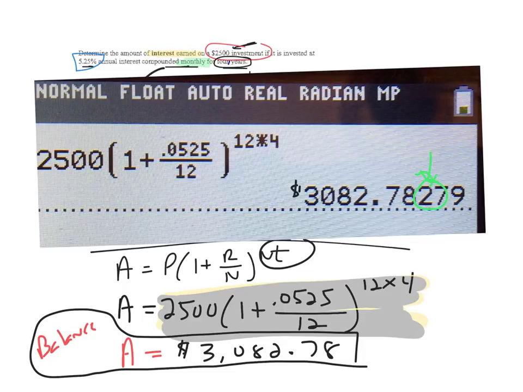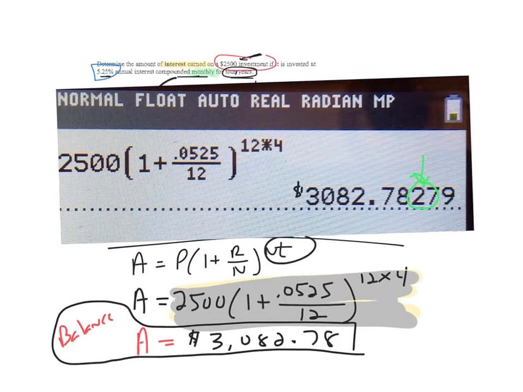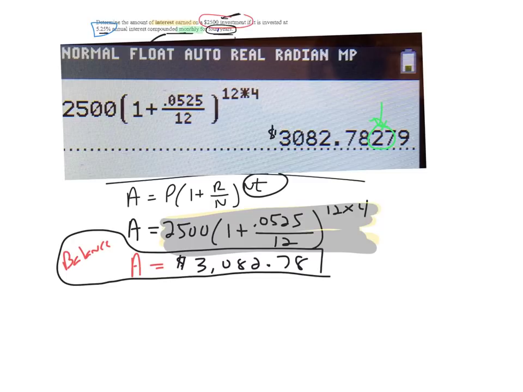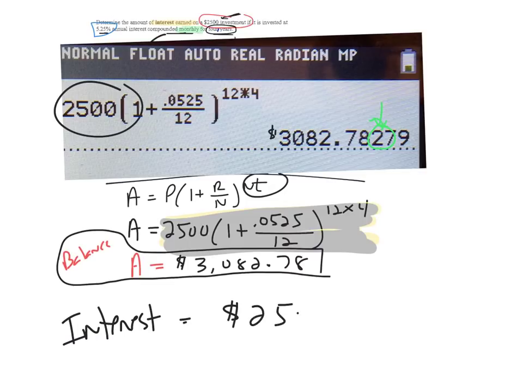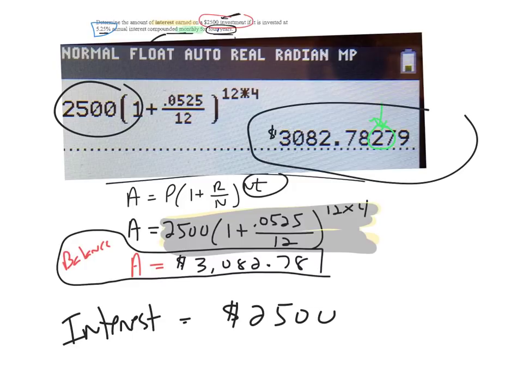But the question says, determine the amount of interest. And here's what's going on in our problem. You deposited $2,500 in the bank. After 4 years, now the balance is $3,082.78.